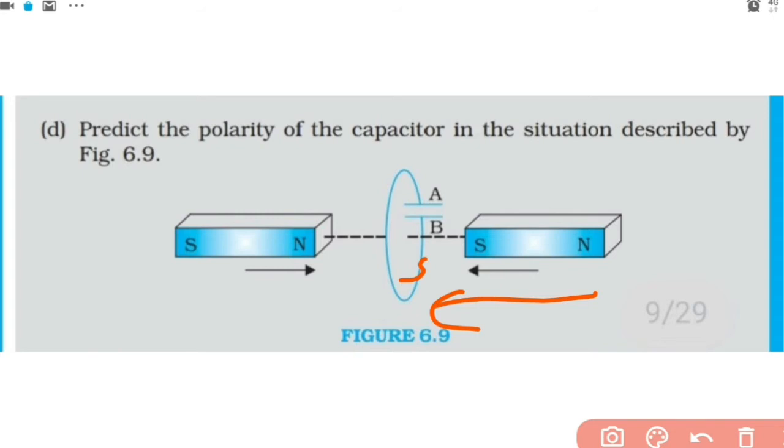Once again, current is flowing from B to A means positive charges are flowing from B to A. So positive charges are reaching A. So A is getting positively charged and B is getting negatively charged. This is a point to be noted. So the polarity of the capacitor plates is this: A becomes positive and B becomes negative.